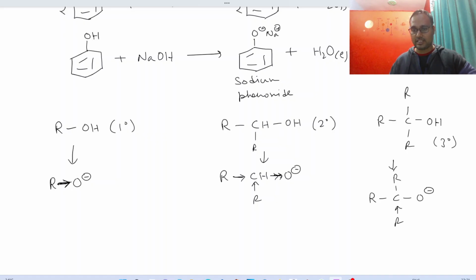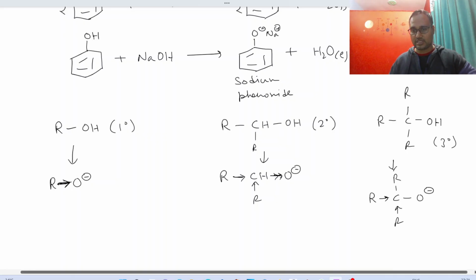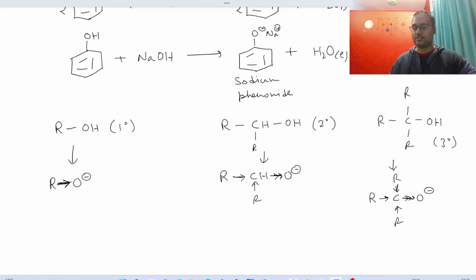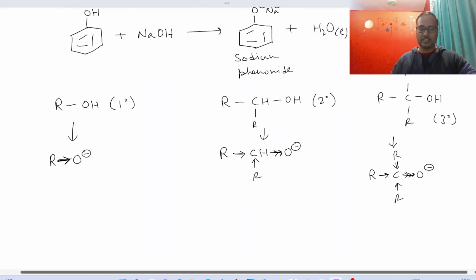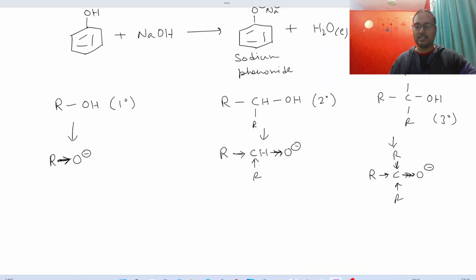And in the tertiary alcohol, three alkyl groups are present, which will be donating their electron density to the carbon, which will be transferring its electron density to the oxygen, making it least stable. So as we can see, the primary alkoxide ion is the most stable and the tertiary alkoxide ion is the least stable. So we can say that the primary alcohol is the most acidic.